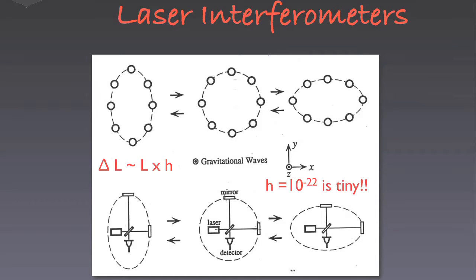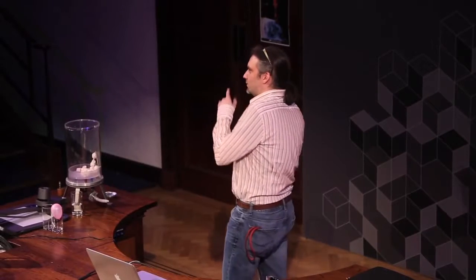What we want to see is delta L, a change in a length L. Let's say I have a meter, then I want to see how the meter changes when the gravitational wave happens, and I have to multiply that by the amplitude of the gravitational wave, which we call h. And the problem is that h is tiny. It's 10 to the minus 22 for an optimistic expectation. So if we have 1 meter, it would change by 10 to the minus 22 meter.